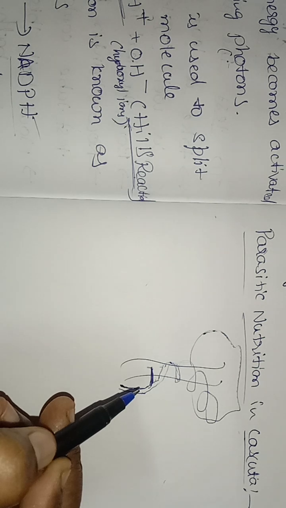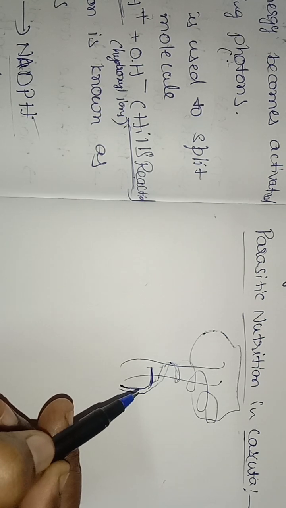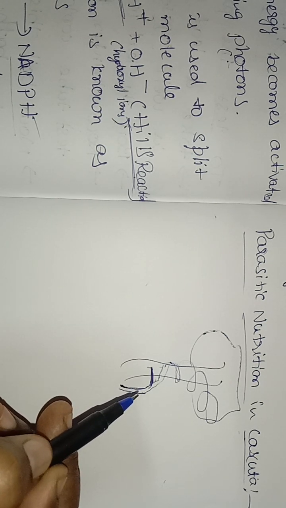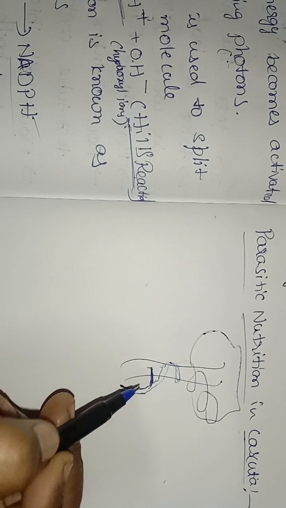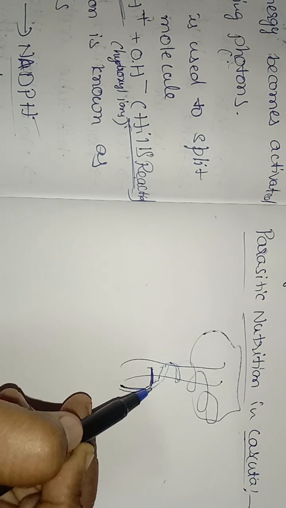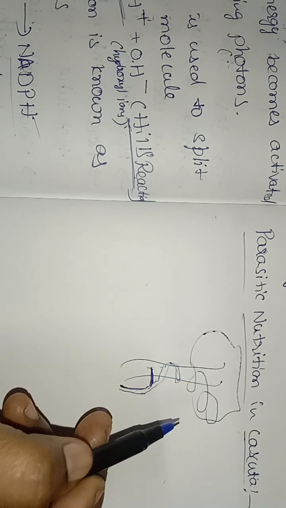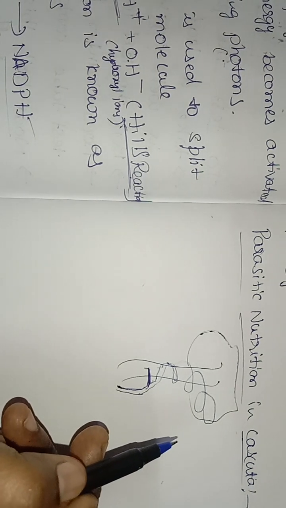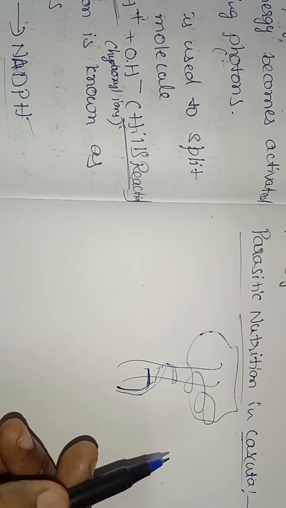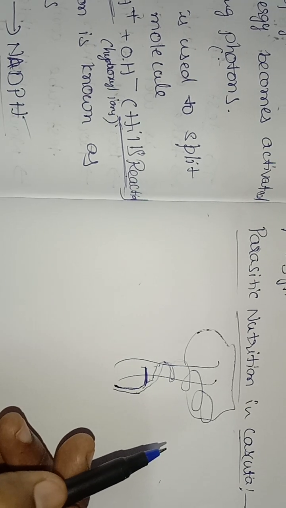Water is drawn through the haustoria from the host plant xylem, and nutrients are drawn from the phloem. Both water and nutrients are absorbed from the host plant and then it starts growing. So this is parasitic nutrition in plants.